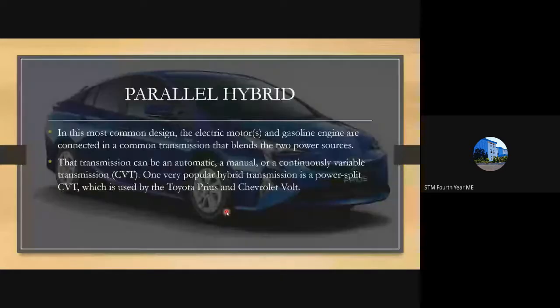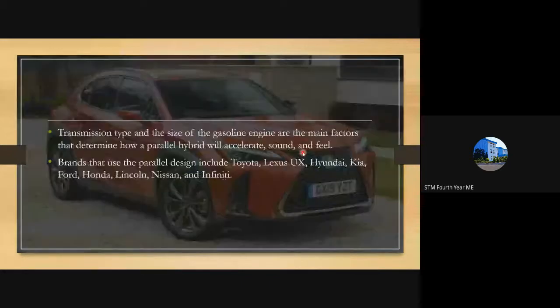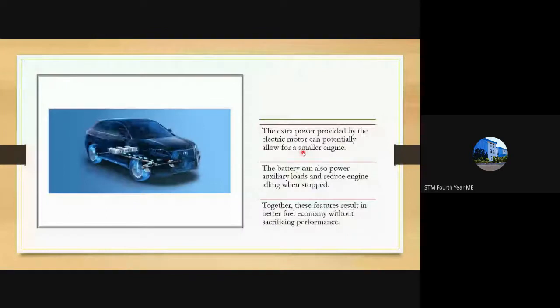What is a parallel hybrid? In this design, the electric motor or motors and the gasoline engine are connected to a common transmission that blends the two powers. This is the most common system we have seen, and it uses both the engine and the electrical side.